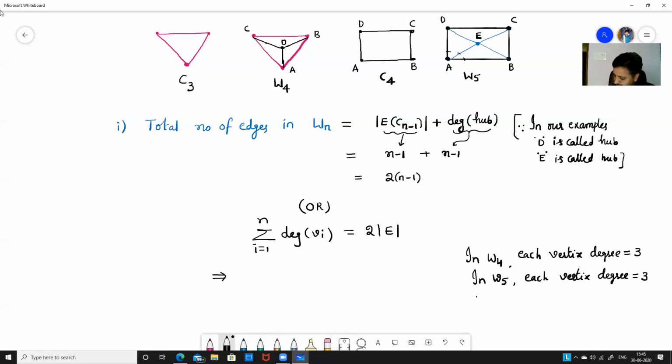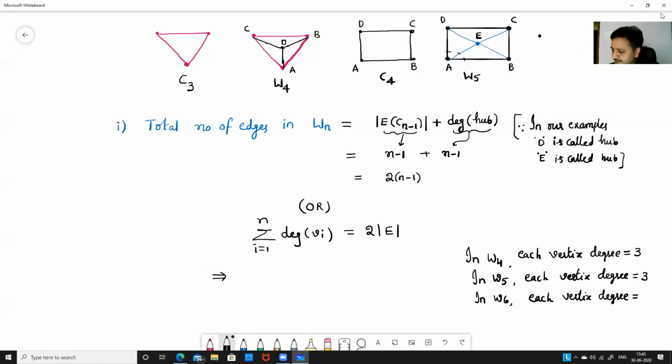Okay. Now, if I consider W6, each vertex degree is equal to, the W6 diagram looks like this.